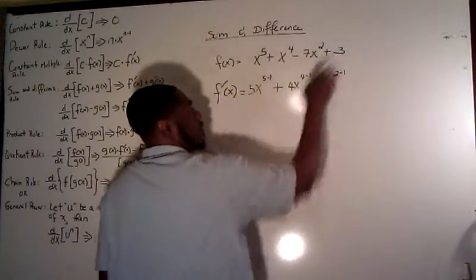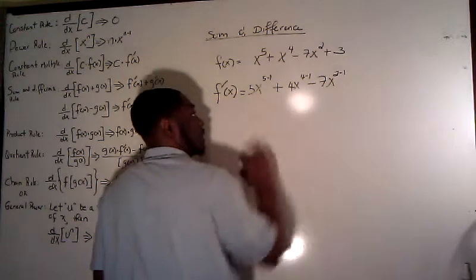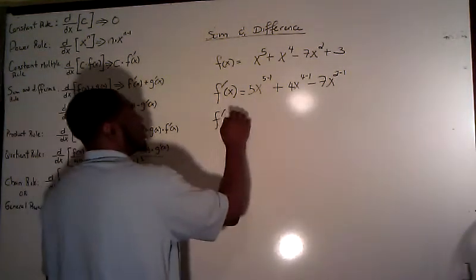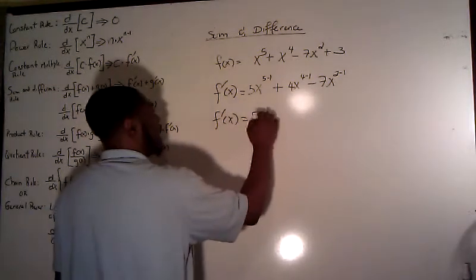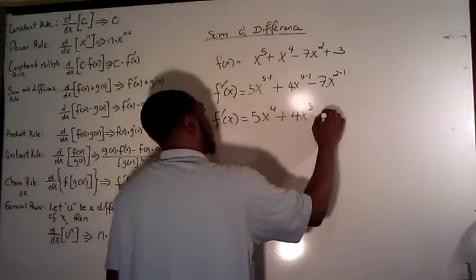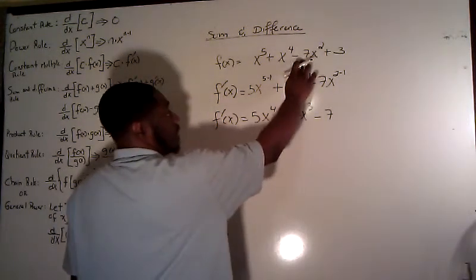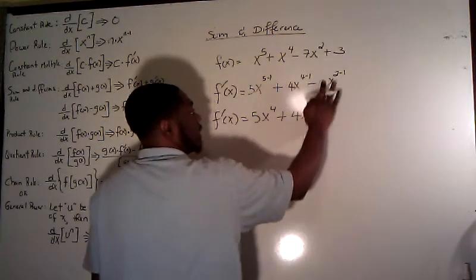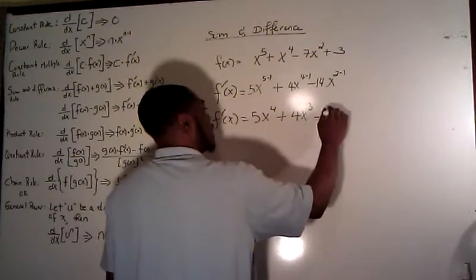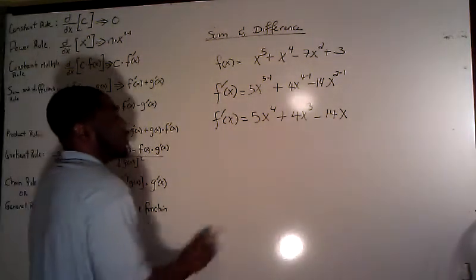And of course the derivative of a constant is just going to be 0, so we can disregard that constant. Then we simplify. This would be 5x to the 4 plus 4x to the 3 minus 7. I'm sorry, this would be 2 times 7, which would give us 14. So we should have had a 14 here, 14x. And that will be your answer.